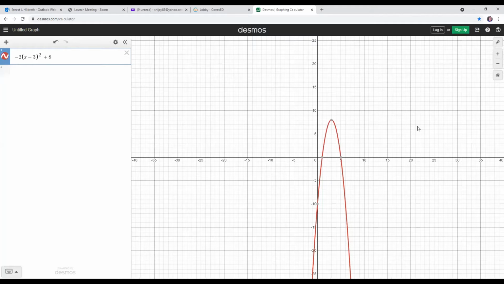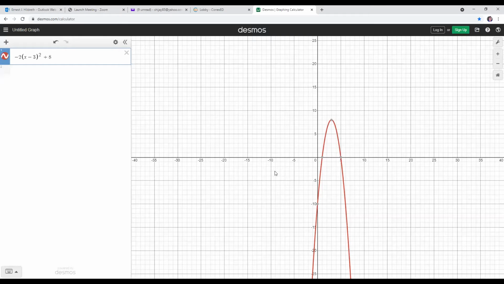So as you can see, with a negative coefficient, that is negative 2, we're going to have our parabola facing downward. And that x minus 3 squared gives us an even degree, which is the 2 squared. And the 8 moves it 8 spaces up.